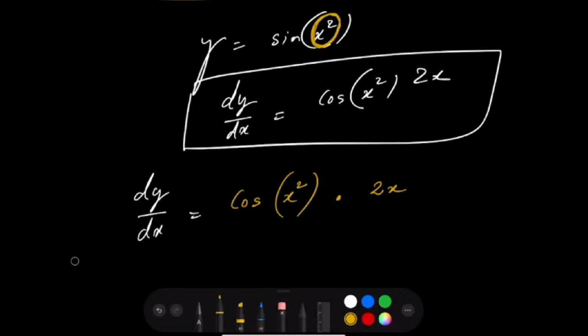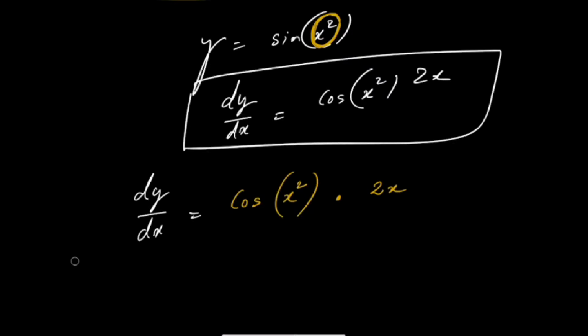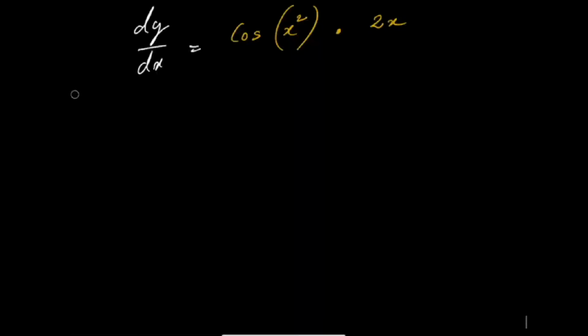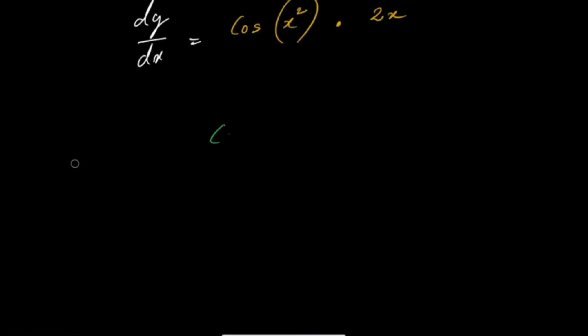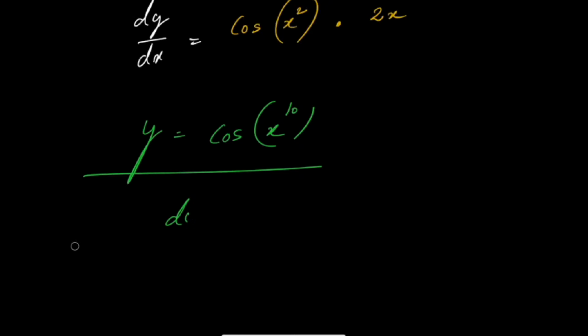I'll explain in one more way. I'll explain one more question. Suppose you have y equals cos of x power 10. Now what is the derivative of cos x? If there was cos x here, what would you write? You would write a minus sign.